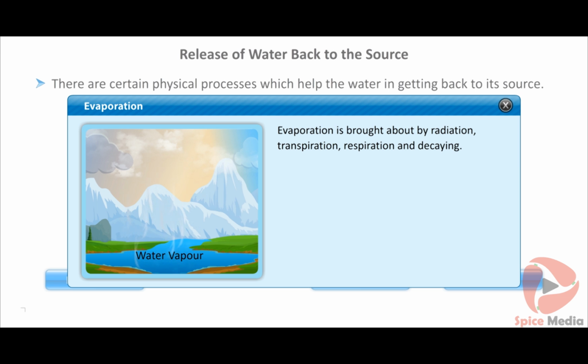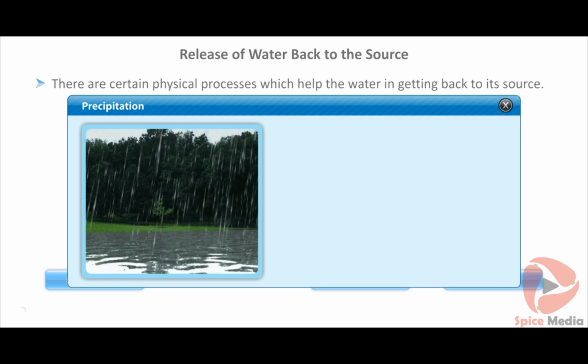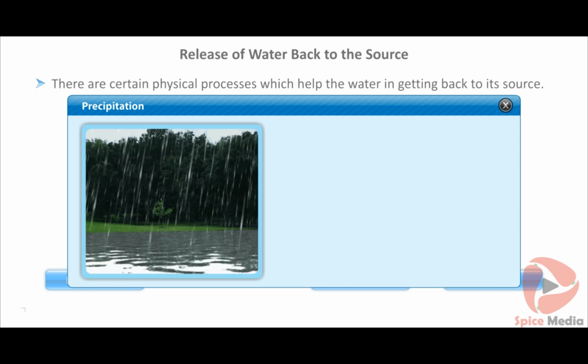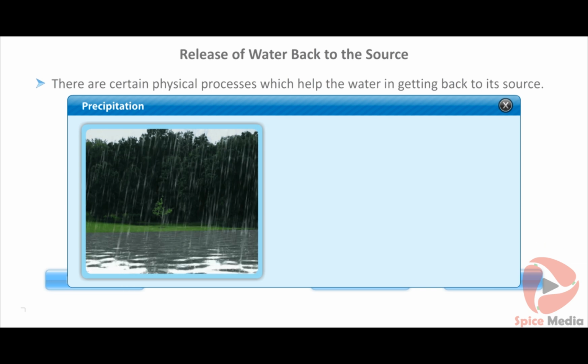Evaporation. Evaporation of water from water bodies is caused due to solar radiation. But small amount of this evaporation also occurs during transpiration by plants, respiration by animals, and also during decaying of organic matter. Precipitation. Evaporated water vapor condenses and falls on the earth, a process called as precipitation.